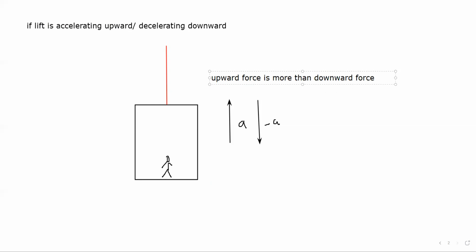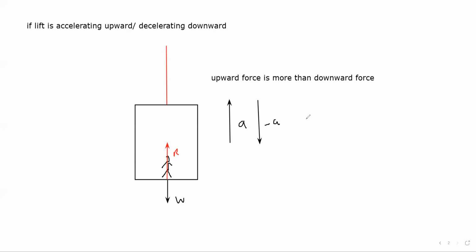So if we draw a free body force diagram, the weight is acting down and the normal contact force is acting up, so that it can accelerate up.